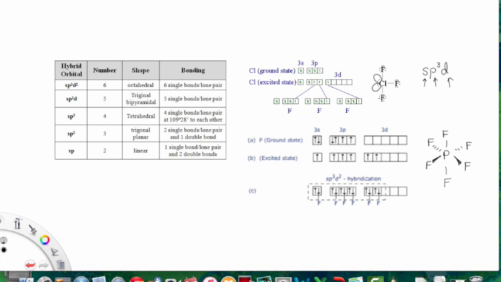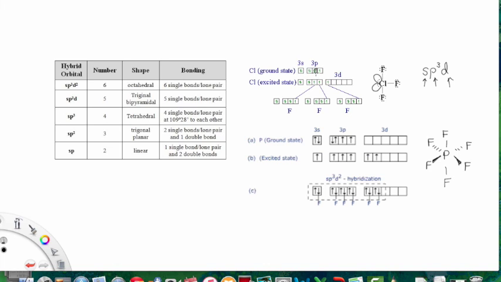And now let's look at the ground state of the chlorine. So it has 1, 2, 3, 4, 5, 6, 7 electrons for the 3s and the 3p orbitals. Remember, there's also the 1s2 and the 2s2 that's not being shown here. And then in the excited state, we're going to promote one electron into the d orbital from this p orbital.